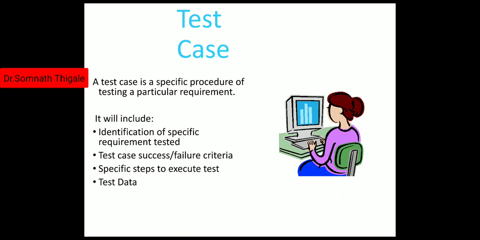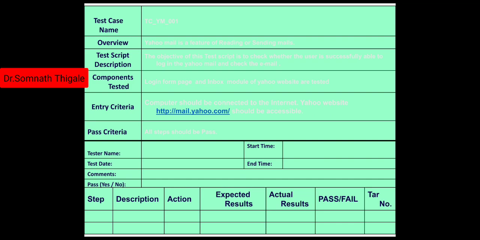So what have we covered so far? What is a test plan, and second, the test case. This is a sample example of a test case. As I rightly said, a test case is the simplest document which describes to a tester what he or she is supposed to perform from start to end.